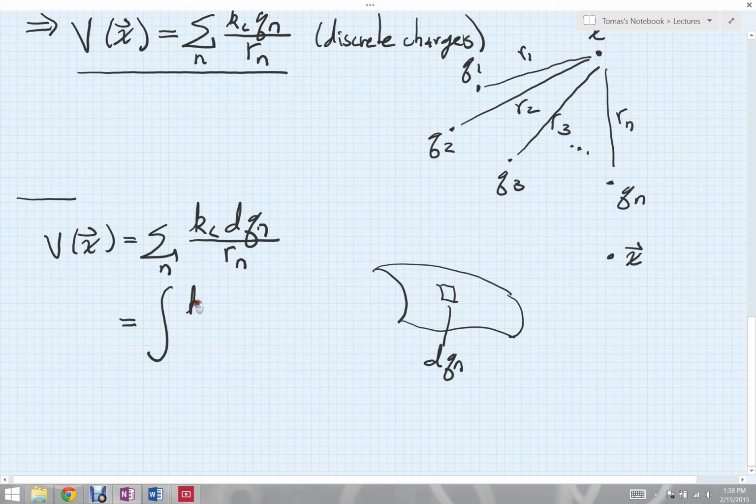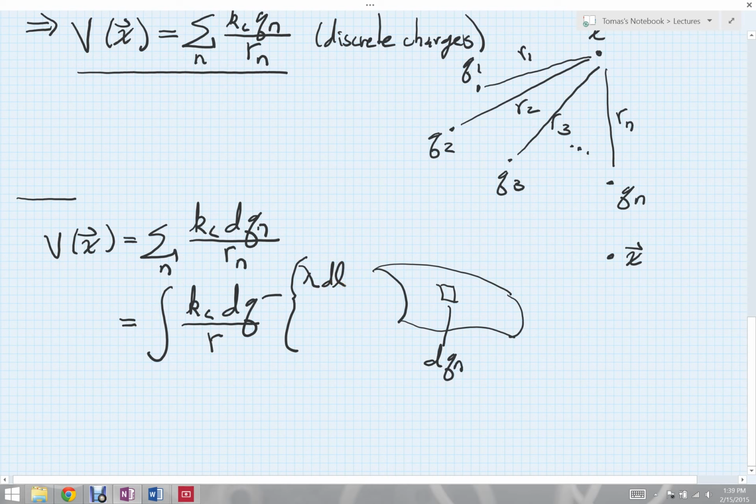Then I have Coulomb's constant on top. I have the little bits of charge, dq, which become my integration variable, divided by the distance to the corresponding points. And the value of dq, as you know, will depend on what type of system I'm talking about. For dq, I would have a variety of options. If I have a linear system, just like a line, that's going to be charge per unit length times some length dl.